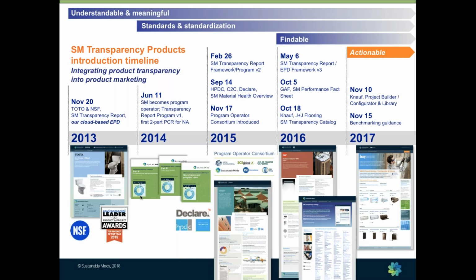Technical community said, great, there's ISO 14025, you can create EPDs. Great. That went into the MR TAG and became part of the credit, and actually became the foundation for the EPD credit.